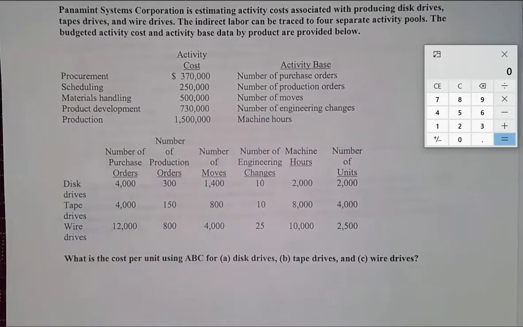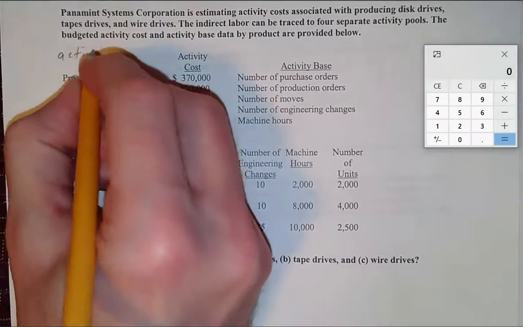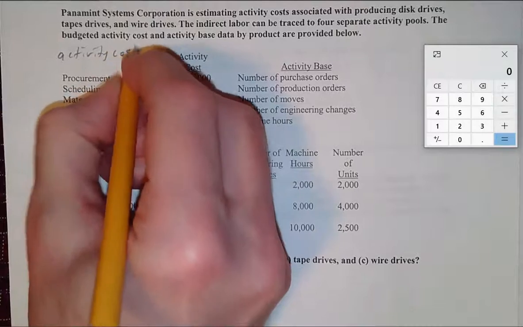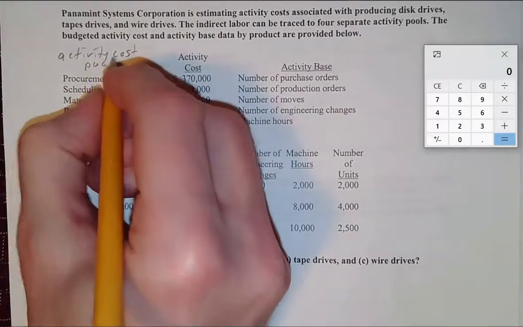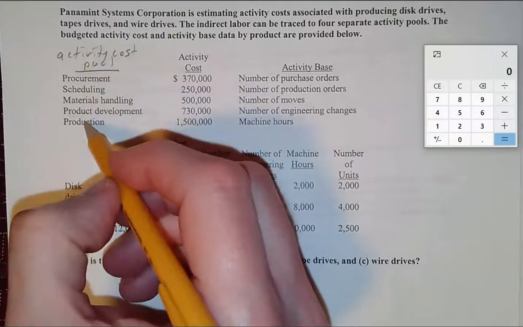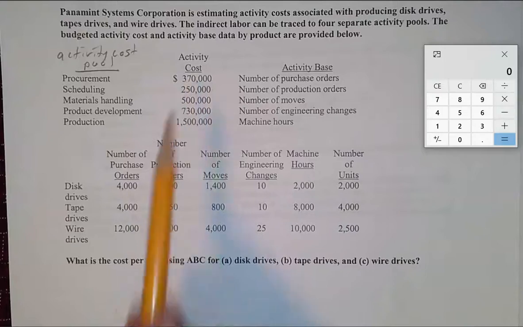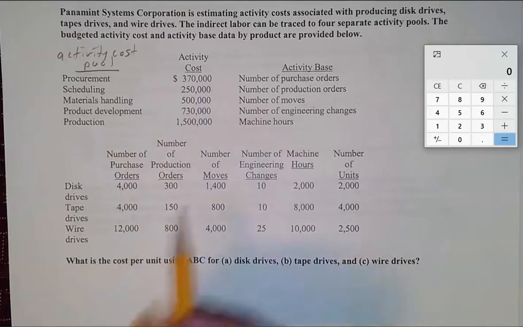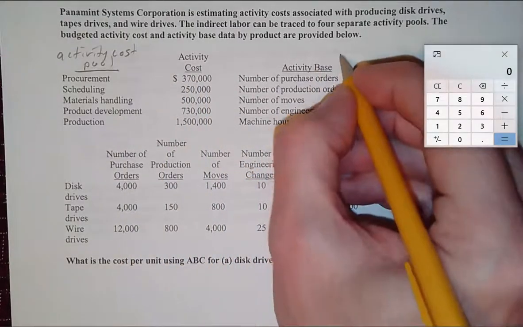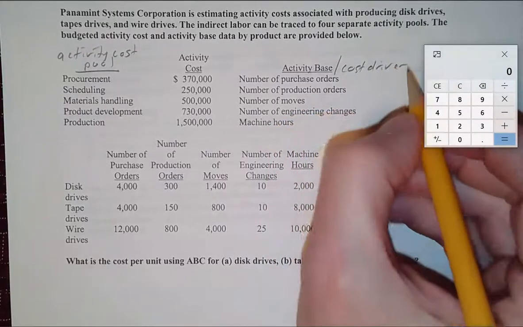Okay, so we did this on the other video, but I'm labeling this little column here activity cost pool. We've got 5 of them in total. Our estimated activity cost is labeled pretty well, and then our activity base / cost driver column.